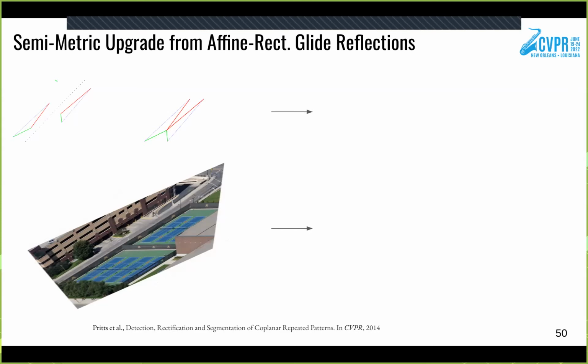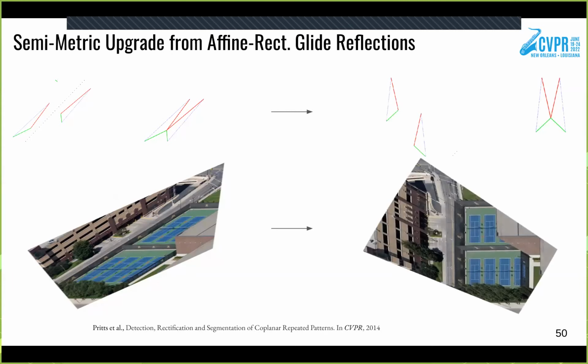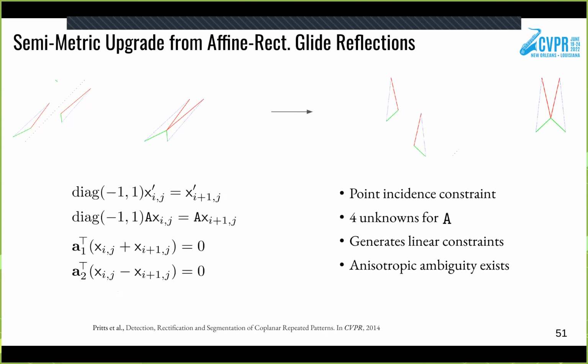So we have, again, our affine-covariant regions. We treat them as free vectors, translate them to a common origin. And we know that now instead of that, we use a point coincidence relation. We know that there's a reflection axis, and that when you reflect about that axis, these points must be coincident. And that's what's modeled here. The reflection taking one point on top of another.